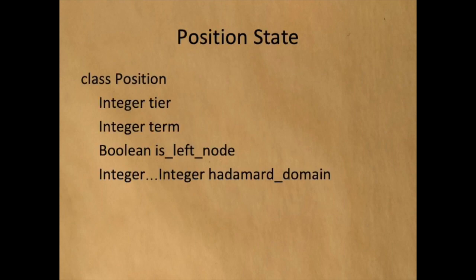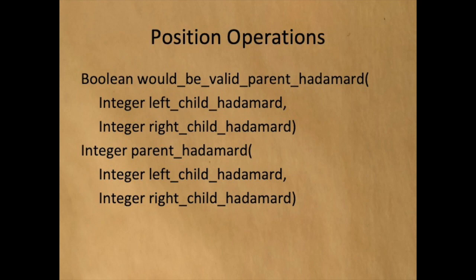Position objects identify the specific properties of each butterfly node. Specifically, the position tells us whether the node is a left node or a right node, and the Hadamard domain. We also store the tier and the term just for clarity. The position nodes also support two operations.